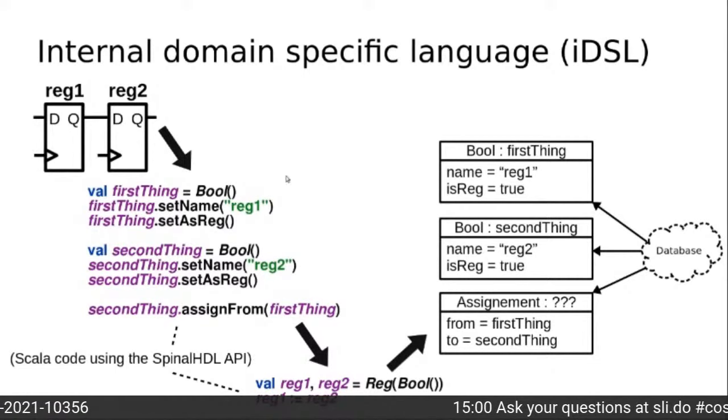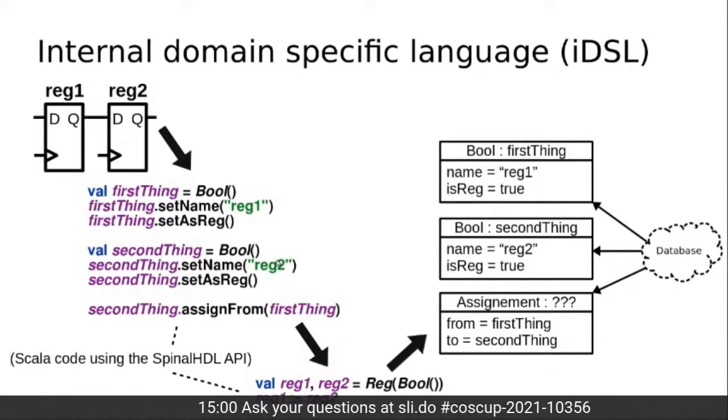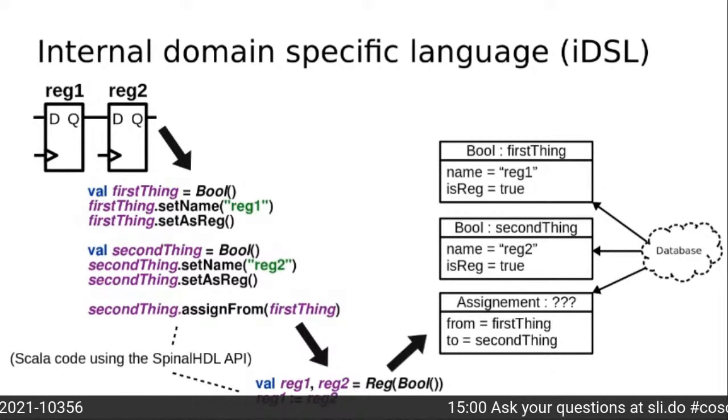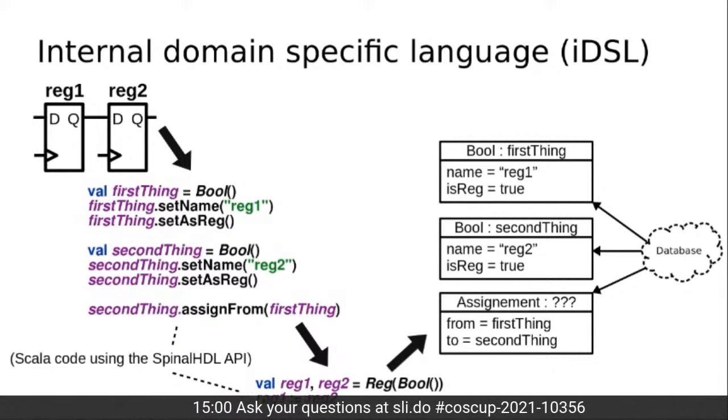What we are doing here is programmatically describing the design that we want in a very explicit way. We really say what we want. We are not inferring things like in Verilog and VHDL. We are really being explicit about what we want. As I said, this is the low-level API.